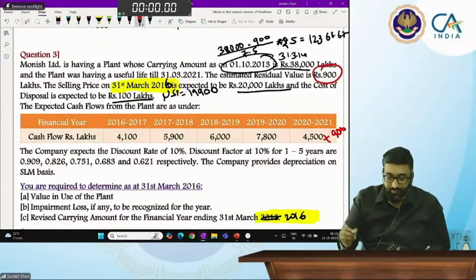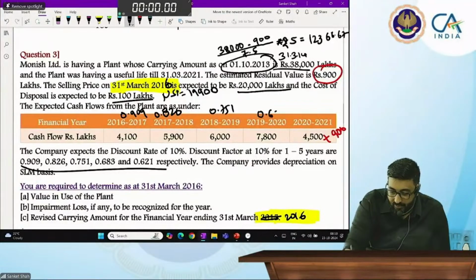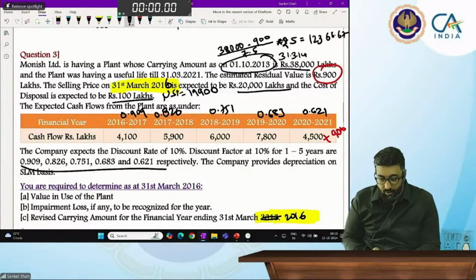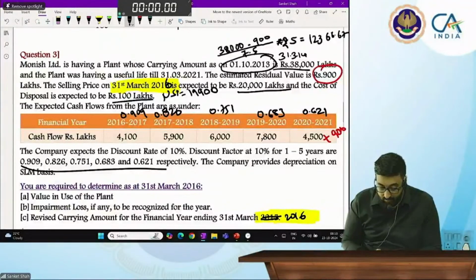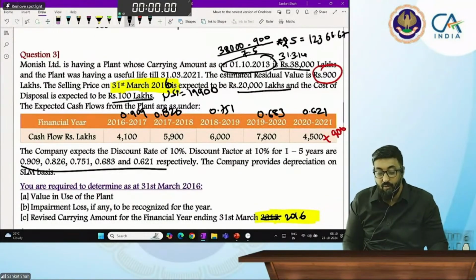And now memory plus function. 0.909, 0.826, 0.751, 0.683 and 0.621. 4,100 into 0.909, use memory plus function. 5,900 into 0.826 memory plus. 6,000 into 0.751 memory plus. 7,800 into 0.683 memory plus, and 4,500 plus 900 into 5,400 into 0.621 memory plus, memory recall, 21,787.1.